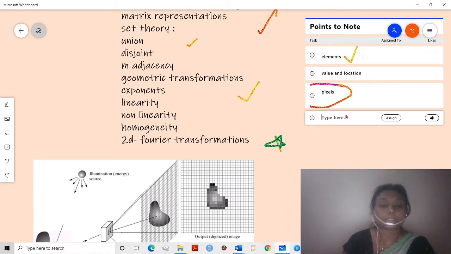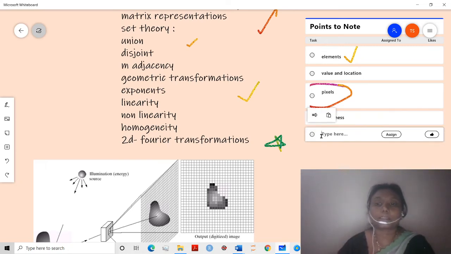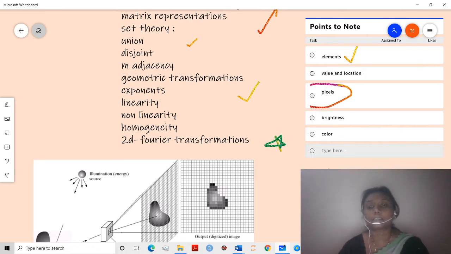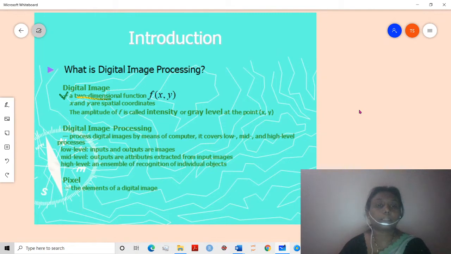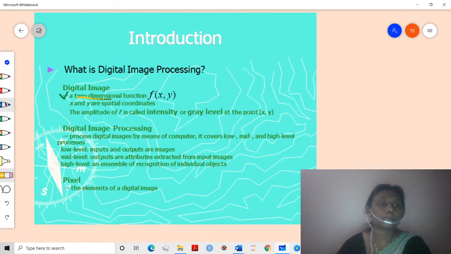The function represents measures like brightness, and that is one characteristic. And suppose the color, this is another characteristic. In this way we are measuring the image within a function.